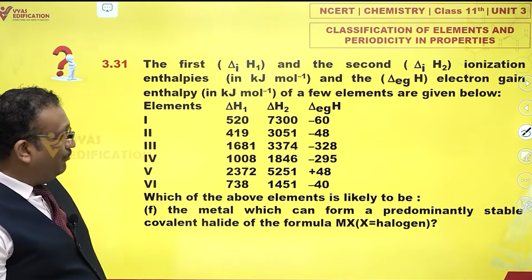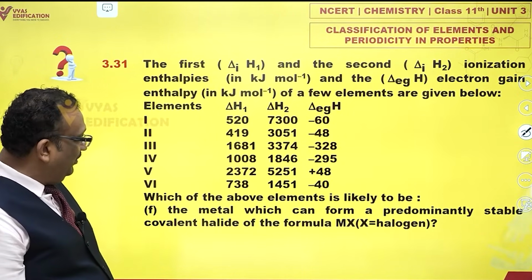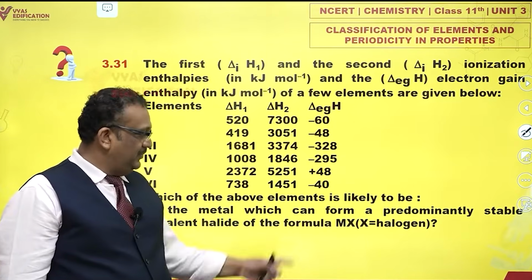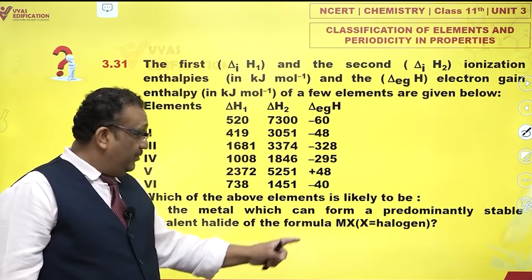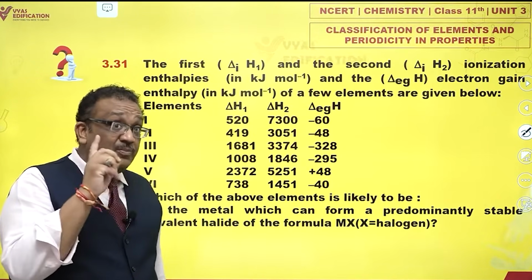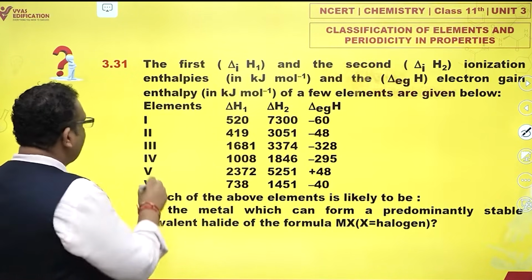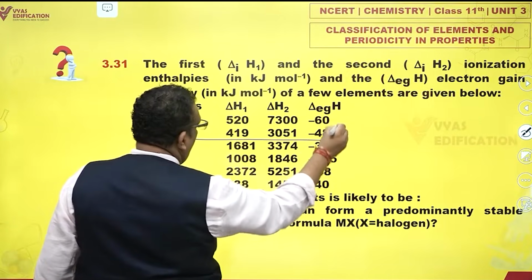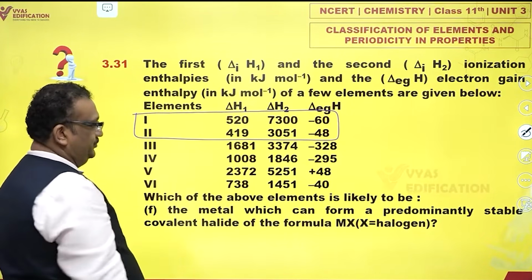The metal which can form a predominantly stable covalent halide of the formula MX. If the metal has to form a covalent halide of formula MX, first of all it must have valency 1. If it has valency 1, it has to be either 1 or 2.